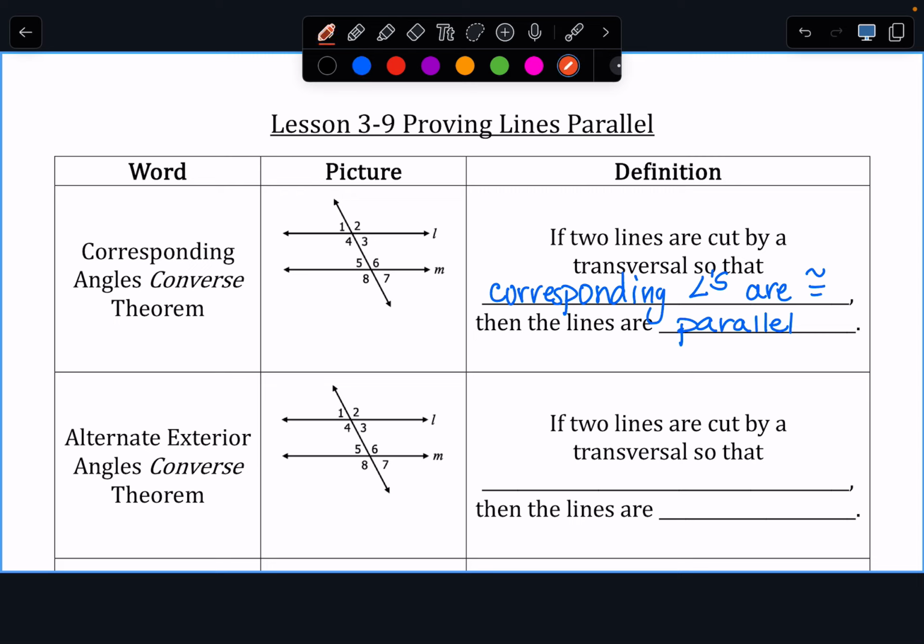No. But what this is saying is that if angle 1 is congruent to angle 5, then we could conclude that L is parallel to M. If corresponding angles are congruent, then our two lines are parallel. Sound fair? Okay.